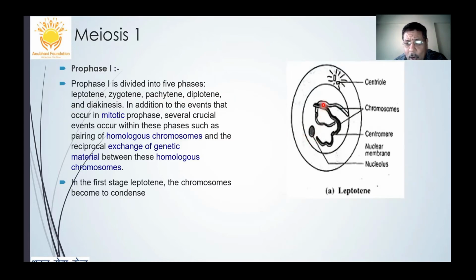Crossing over means some part of the sister chromatids are exchanged between two homologous chromosomes. What are homologous chromosomes? Two similar sets of chromosomes having the same type of genes are called homologous chromosomes. So the five stages of prophase 1 are leptotene, zygotene, pachytene, diplotene, and diakinesis.